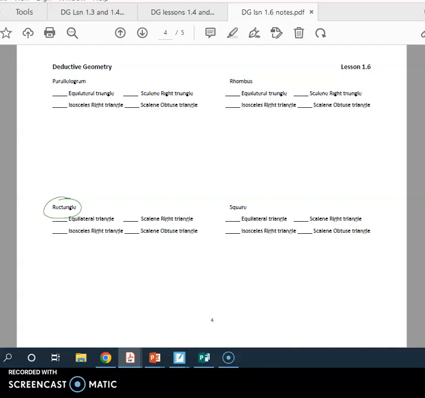So for the rectangle, if you use the scalene right triangle, and put two of those together like this, what you would end up with is a rectangle. So this would be the example of the rectangle.